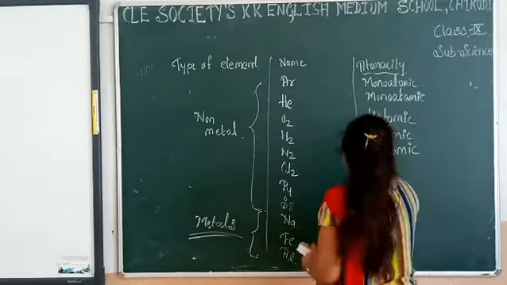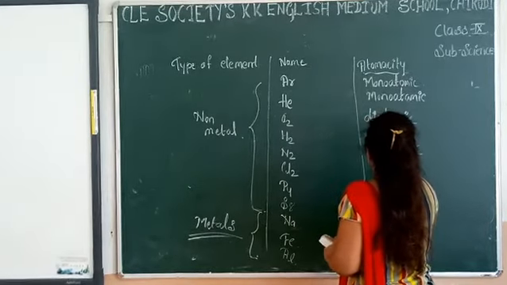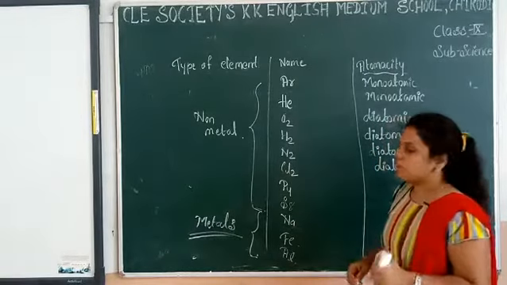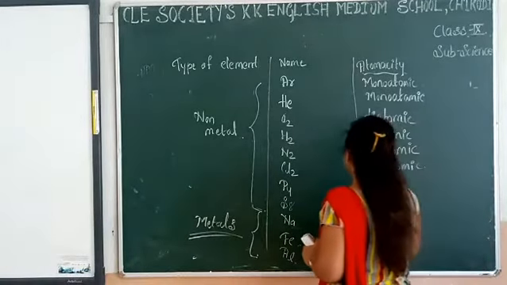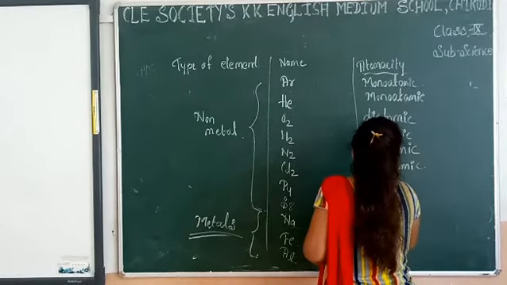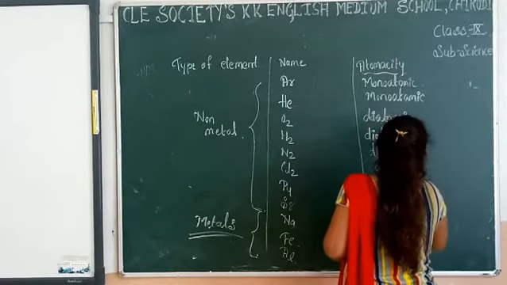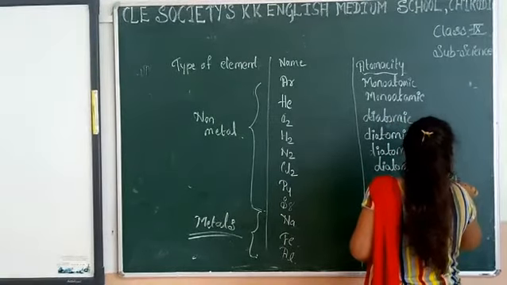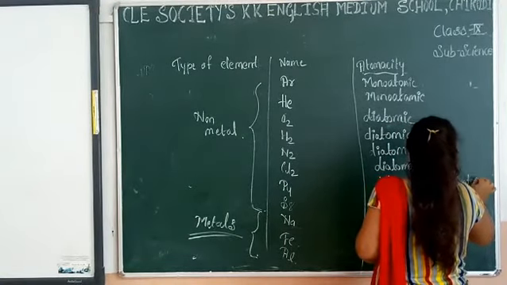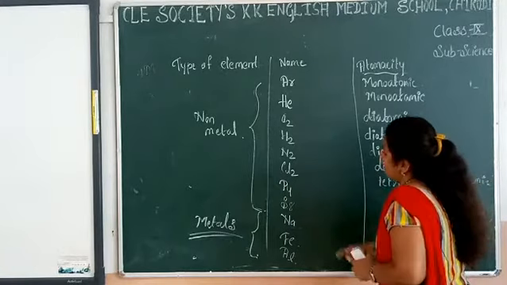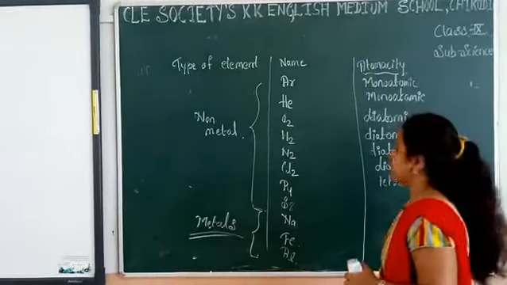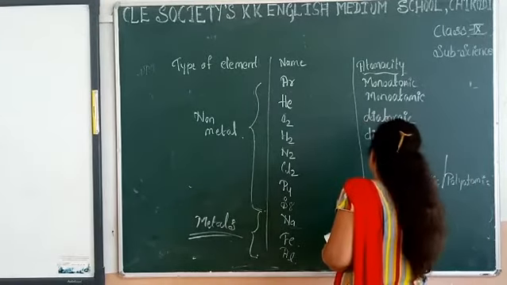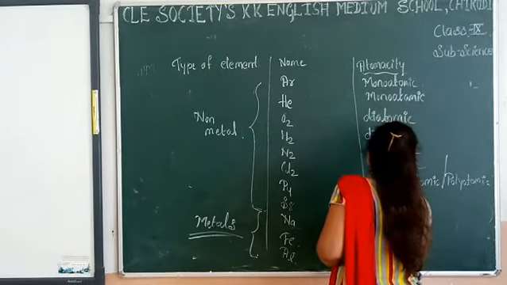Chlorine is also diatomic because the number of atoms present is 2. P4 is tetraatomic, or you can say polyatomic, because more than 3 atoms are present in the substance. Yes, it is polyatomic.